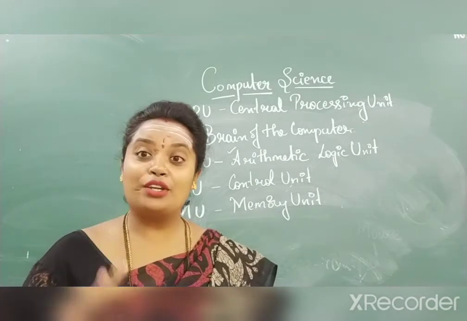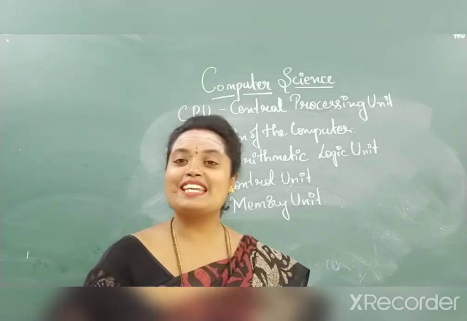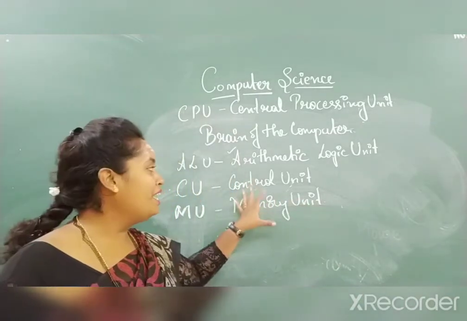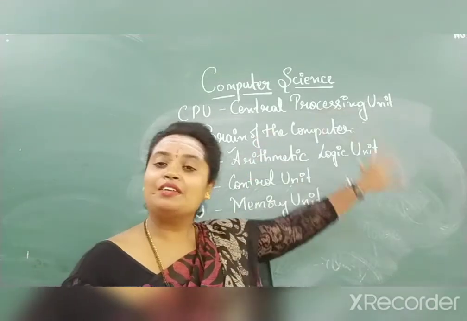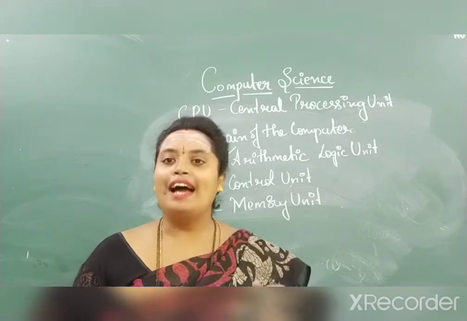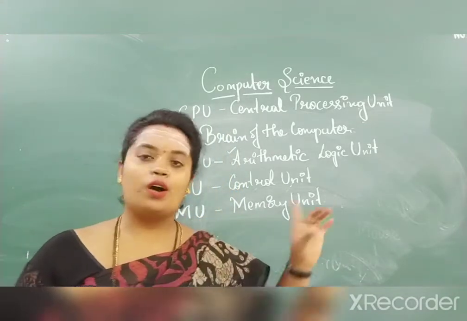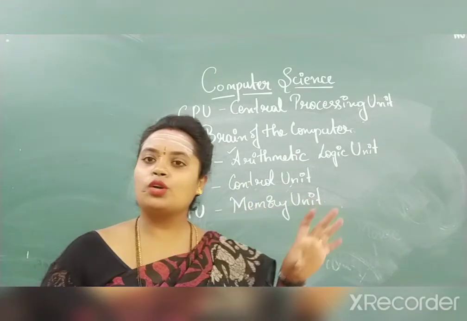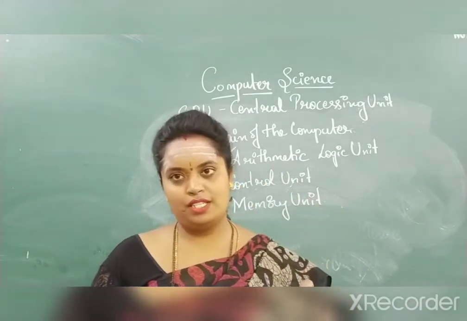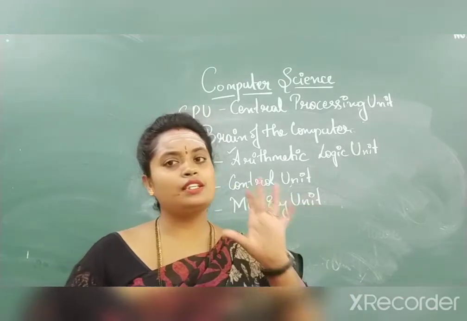You tell, why are you controlling me? Exactly, in the system also there is a control unit wherein it controls the overall activities of the system. Understand, children? CU or control unit, it controls the overall activities of the system. One after the other, jobs will be done. It processes it like that.